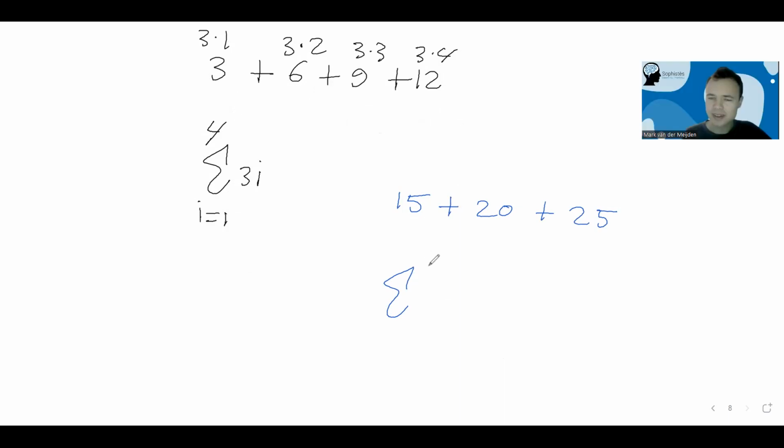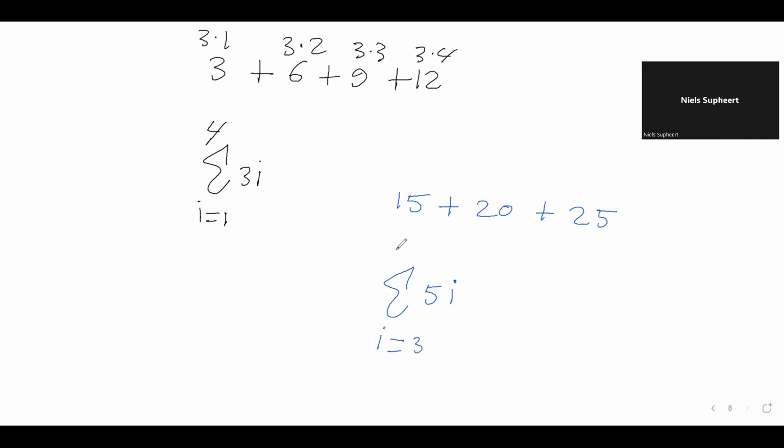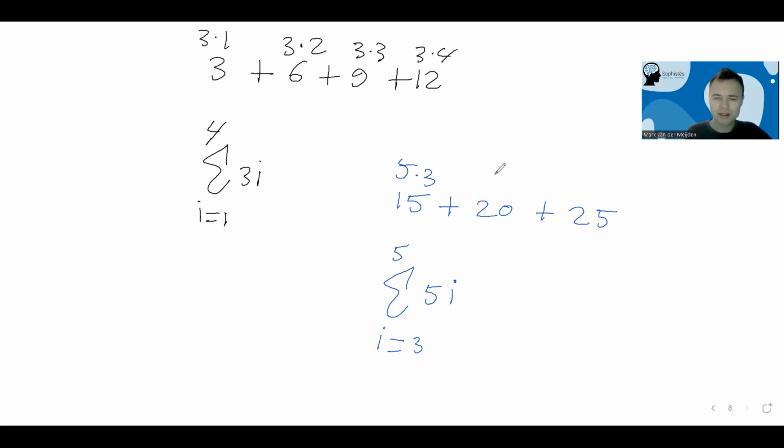Yes, 5 what? Oh, 5i, for example. Yes. And then what's the starting value? 3. 3. And the ending value? 5. 5. Yes. So here we get 5 times 3, 5 times 4, 5 times 5. So 5 is the ending value.